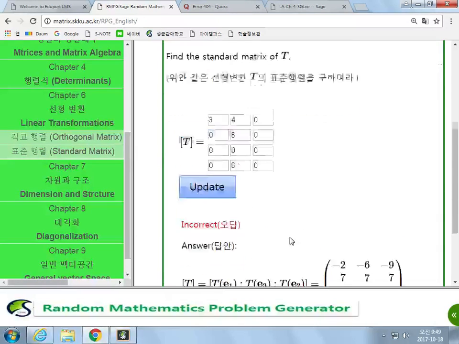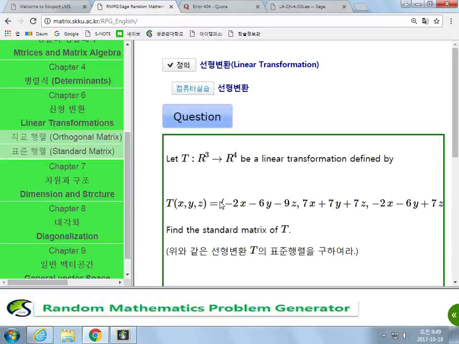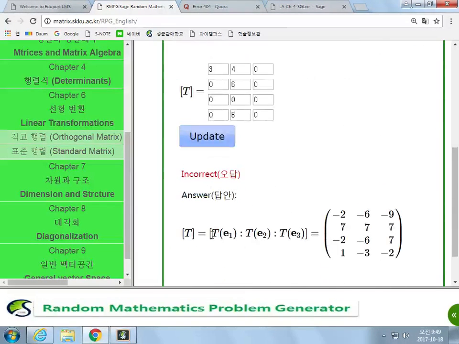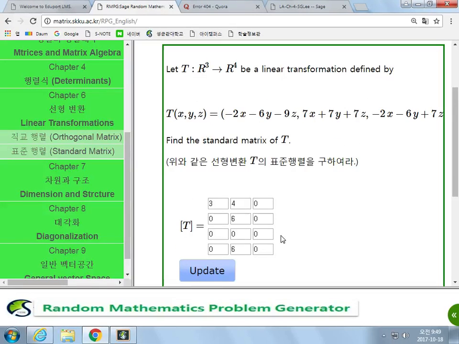Miss Choi Han-sil, if you have a linear transformation like this, can you find the standard matrix like this? Can you? No? All you have to do is find the image of (1, 0, 0) for the first column, the image of (0, 1, 0) for the second column, and the image of (0, 0, 1) for the third column. You should be able to do it.